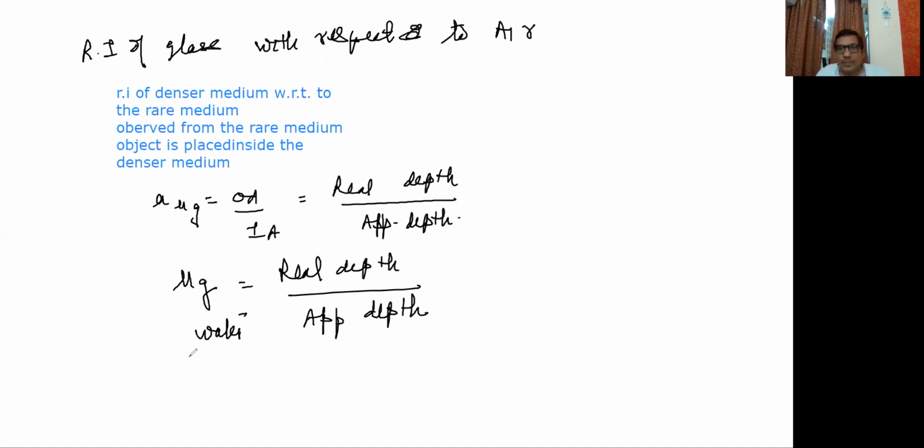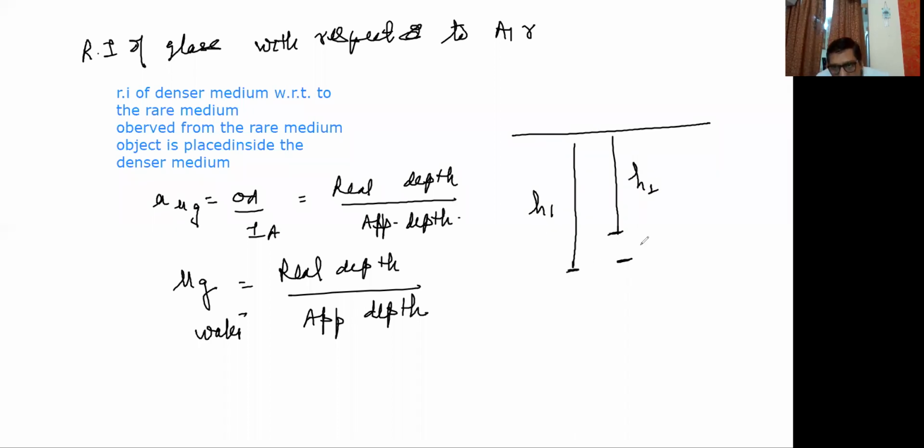If I talk about shift, what is happening here? See very carefully. The object was here, say at H1, and we observe it here, say at H2. So what is this portion? The upward shift.